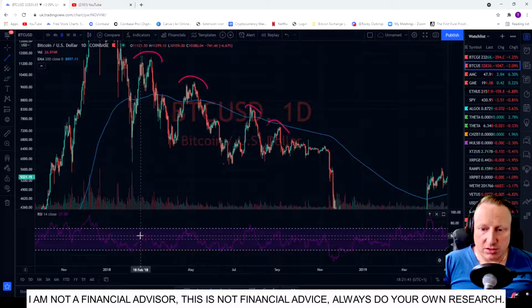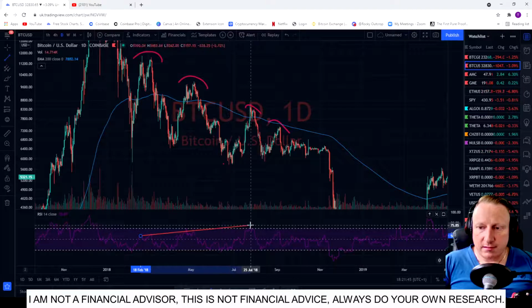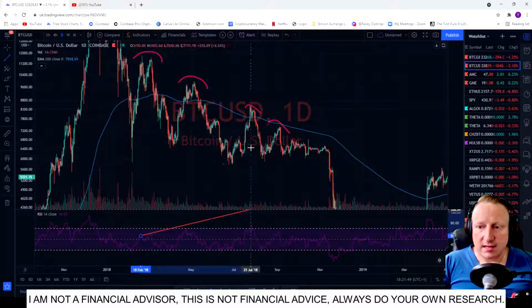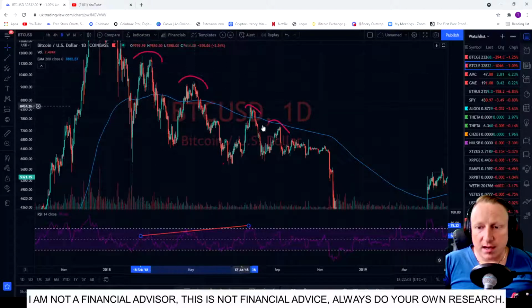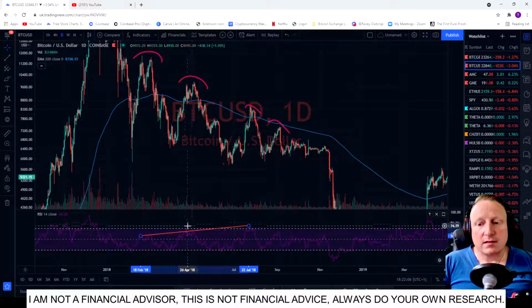Yep, and then it made a higher, and then it went higher again, and then this one it's lower, which works because this here is higher, so it bucks the trend. It goes against the trend. Yeah, it bucks it, which is cool because we've got lower highs in price, and we've also got higher highs on the RSI, showing that we're going into overbought territory.